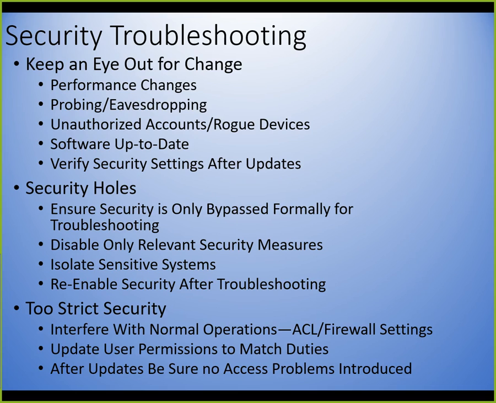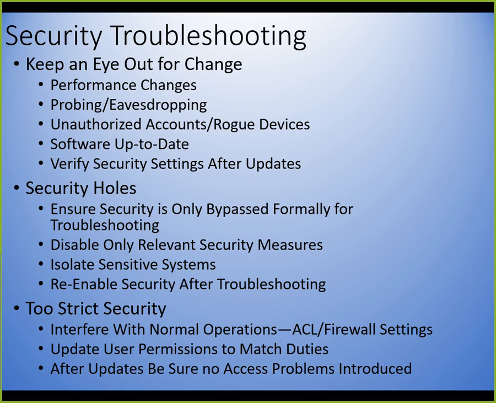Then you go home, you forget about it, and it can go on for a long time unless you have the monitoring tools and keep an eye out for change. Be sure that they're only bypassed for formal troubleshooting. Disable only the relevant security measures, not everything on the system. Isolate your sensitive systems and re-enable the security after we do troubleshooting.